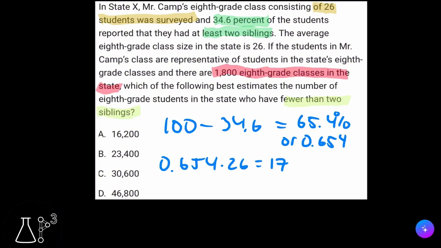So 17 times 1,800 is going to give us a value of 30,600 students that have fewer than 2 siblings. So my answer is going to be C.